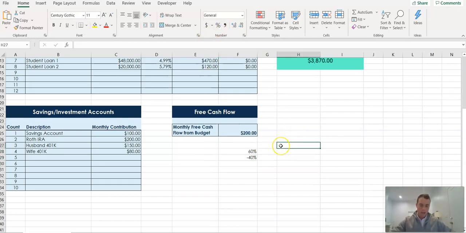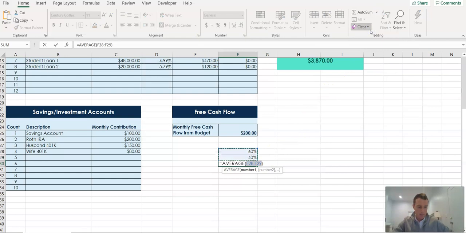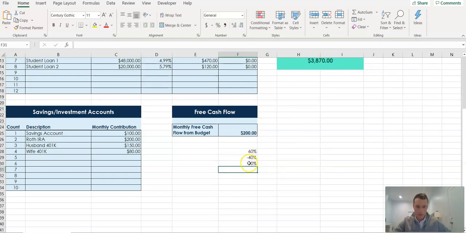Okay, so you gain 60% in the first year, you lose 40% in the second year. Now I'll show you what that average rate of return is. If I select average right here, these two cells, you can see that is a 10% average rate of return.